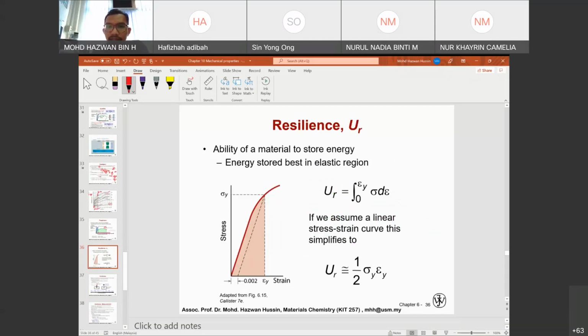Resilience. Okay, so resilience is the ability of a material to store energy. So what would be the examples of resilient material? Okay, the simplest one is spring lah. So spring, when you pull it, what happens is that the spring will absorb the amount of energy that is being applied, and then after that, when you release the spring, what happened?